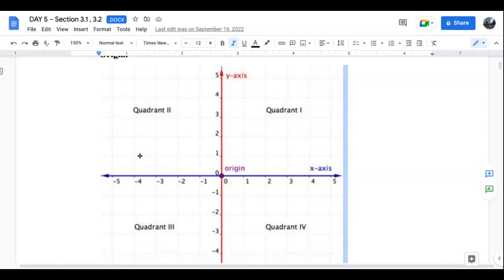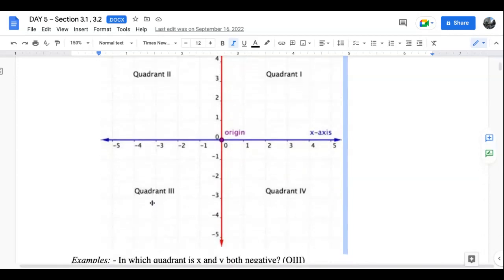In quadrant 2, the x value is negative, the y value is positive. Going down, quadrant 3, x value negative, y value negative. So both values are negative. Then quadrant 4, back to x value positive, but the y value negative. So we have these 4 quadrants.